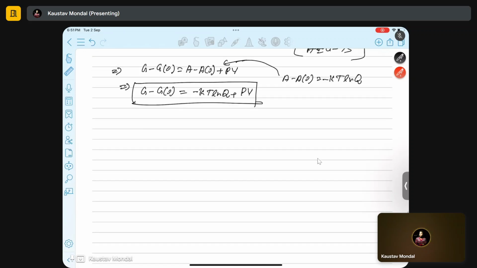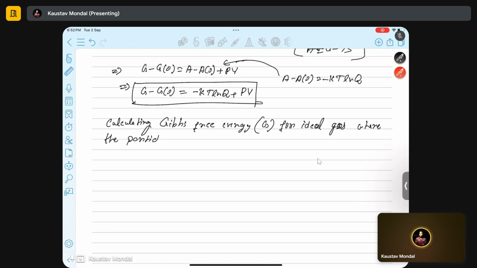So, calculating Gibbs free energy G for ideal gas where the particles are indistinguishable.